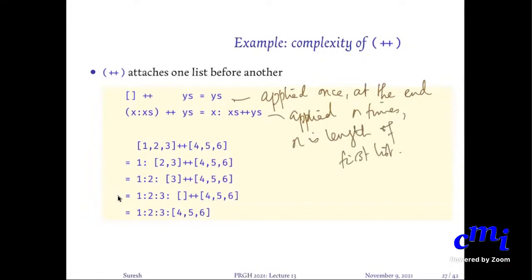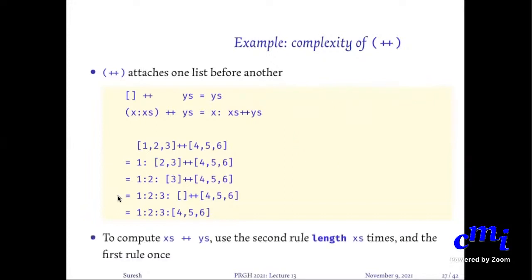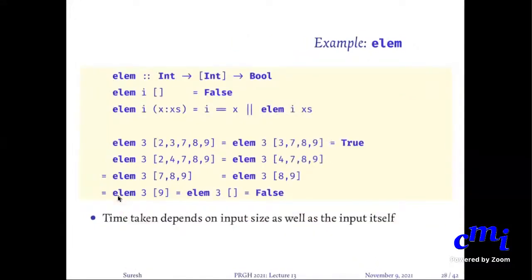It's applied n times, where n is the length of the first list. So the time taken by plus plus to compute x's plus plus y's is: use the second rule length of x's times and the first rule once.